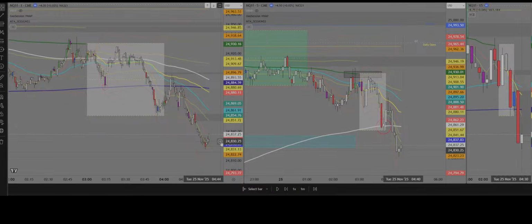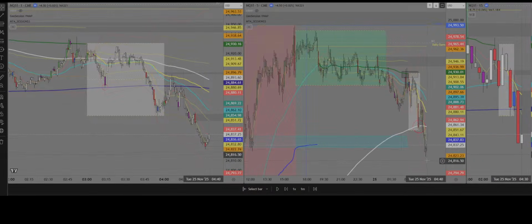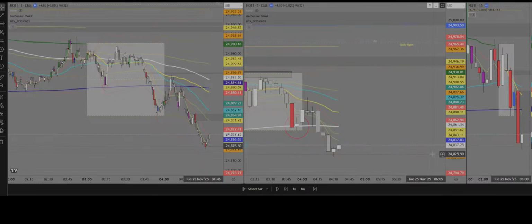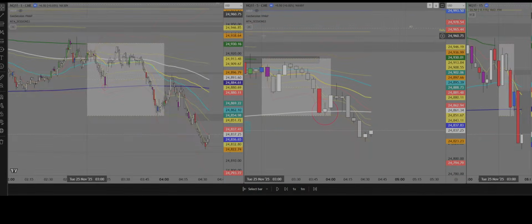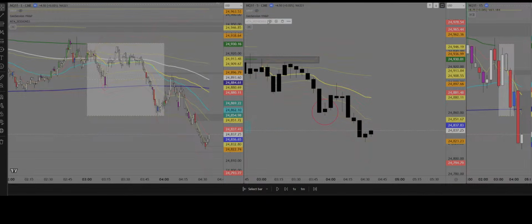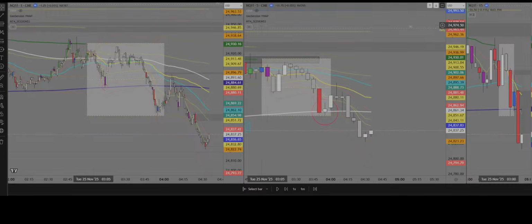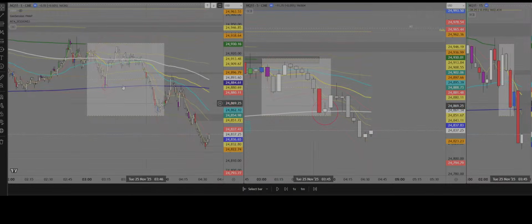Yep. Okay, so all the standard deviation bands are pointing down. We're inside standard deviation 2 on the 5. No vector on the 5. Okay, I'm not going to take this trade.